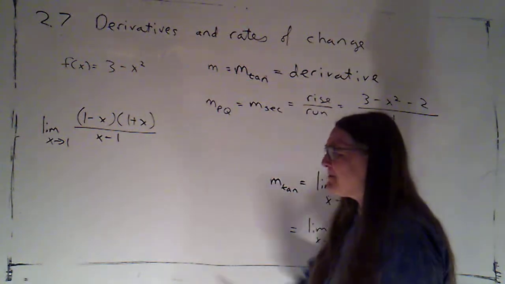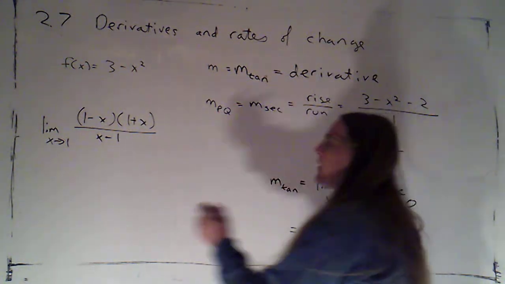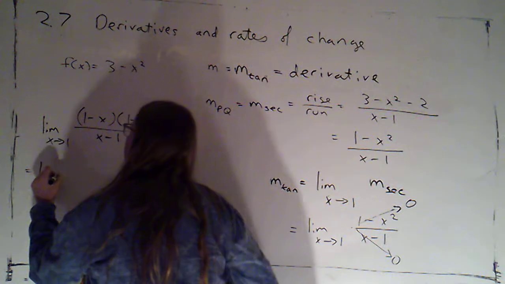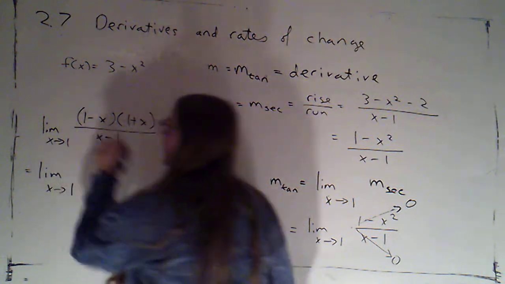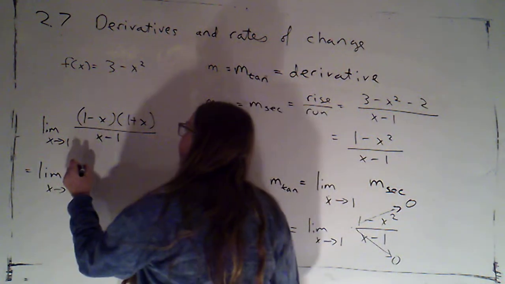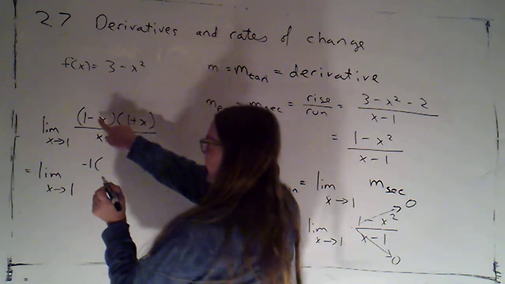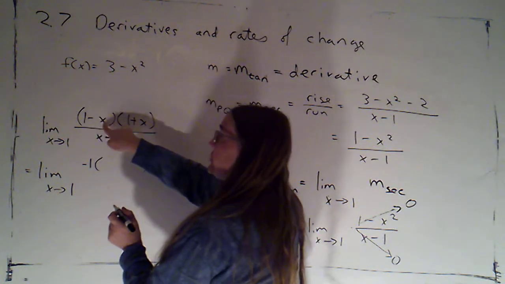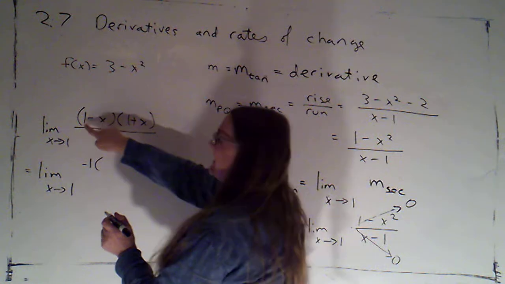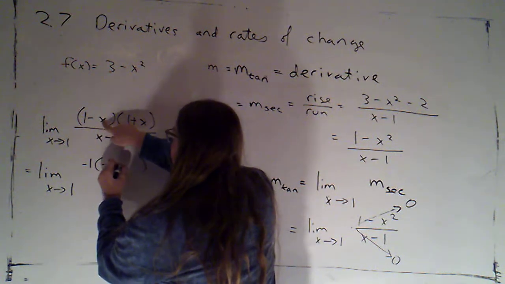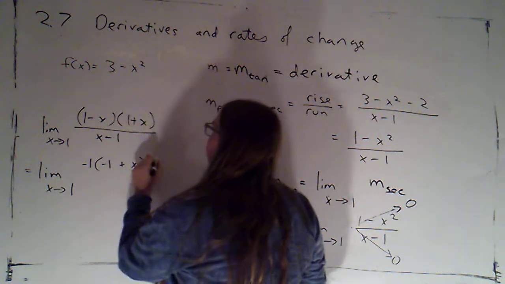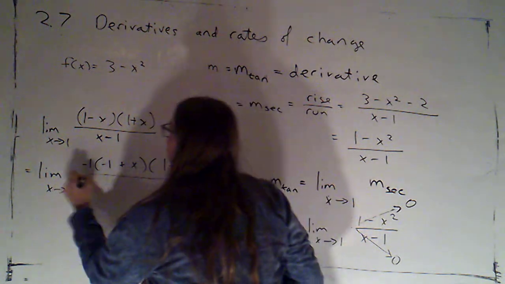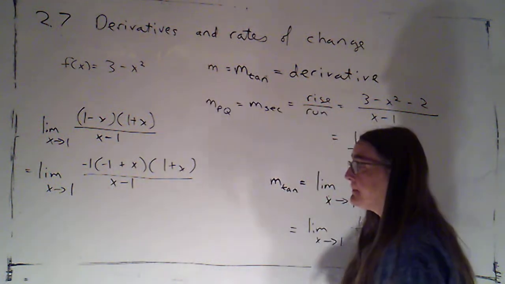Not exactly the same as x minus 1, but what I can do now is I can say, let's factor out a negative 1 from the top. If I factor out a negative 1 from this factor here, that's going to change the sign of both pieces. So this 1 becomes a negative 1 and a plus x, and then times 1 plus x over x minus 1.